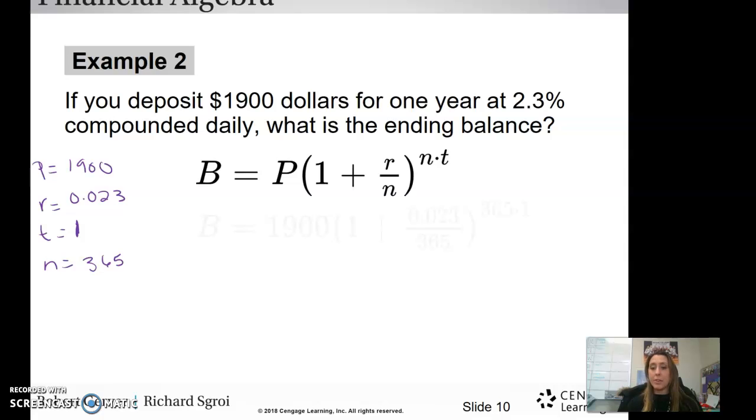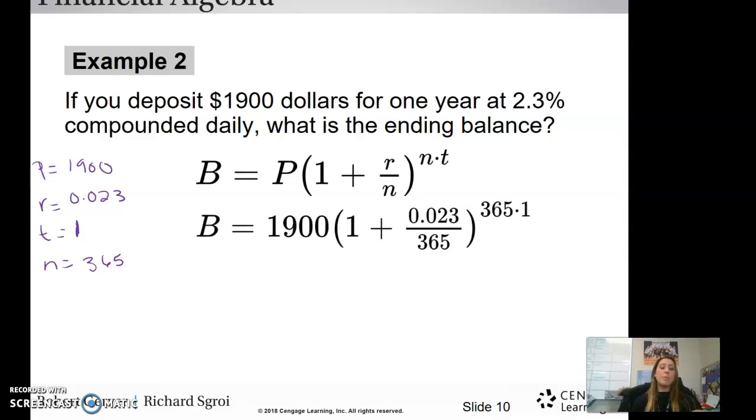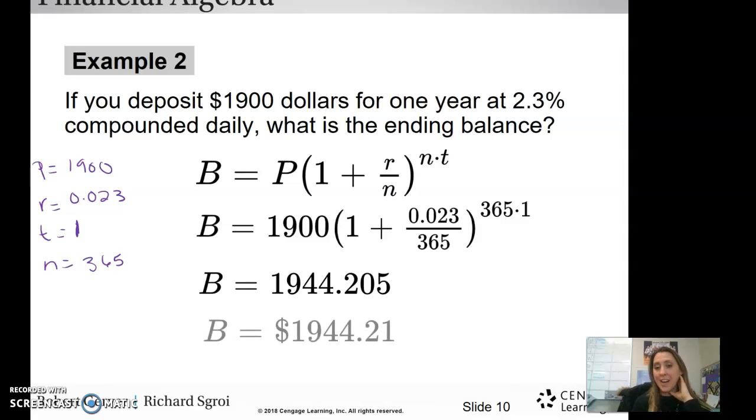We plug in all the different things. Again, you might want to use Desmos because if you use your TI-84, you have to put it in a certain way for it to compute. Again, we get a number: 1,944.205. We have to round to the nearest penny, so our answer is actually $1,944.21.